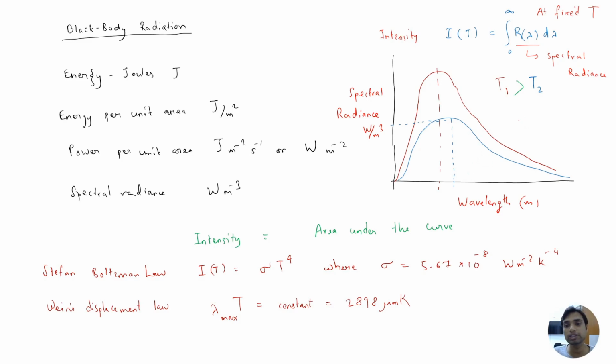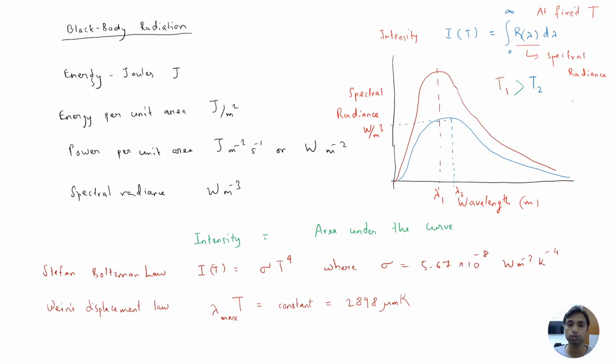The second point is that the wavelength at which the spectral radiance peaks, this is lambda 1 and this is lambda 2, is less when the temperature is more.